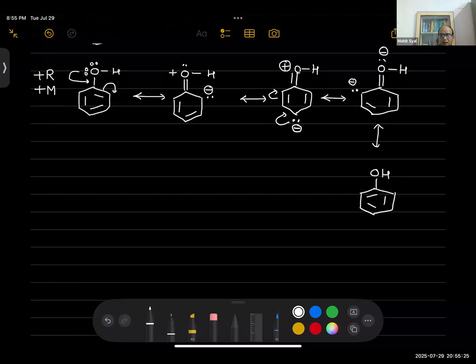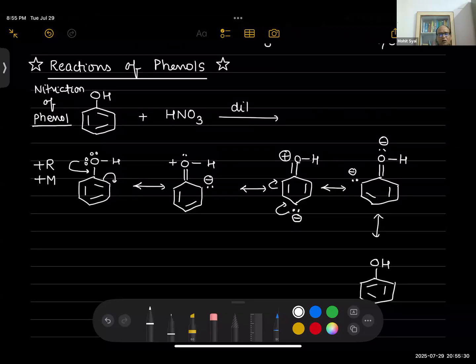Okay. So now, once we have this, we can figure out where we should put the nitro group. Ibrahim, tell me what all products we can get by doing the nitration of phenol. Are we going to get ortho, para?